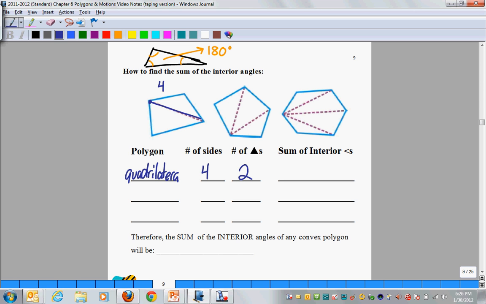So if I wanted the sum, I would simply do 2 triangles times 180 each. So the sum of the interior angles is going to be 2 times 180, and of course that gives us 360.